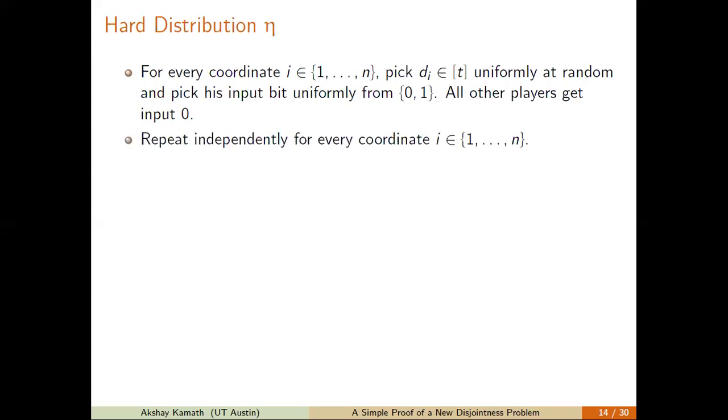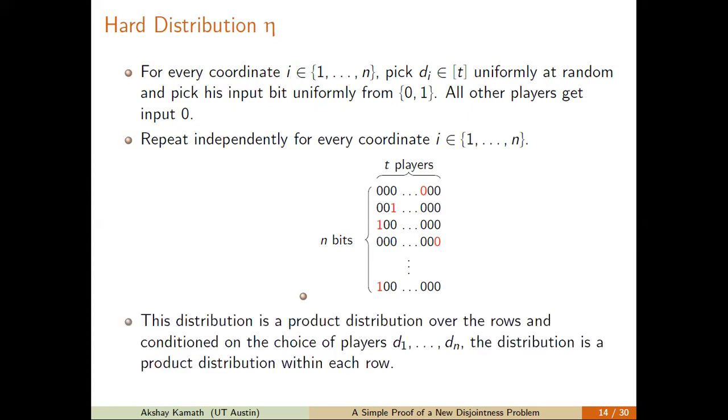We repeat this process independently for each row of the input matrix. So here in this picture, we pick the red index in each row and we assign that index 0, 1 uniformly at random. This distribution is a product distribution over the rows and conditioned on the choice of the player within each row, the distribution is a product distribution within the row.